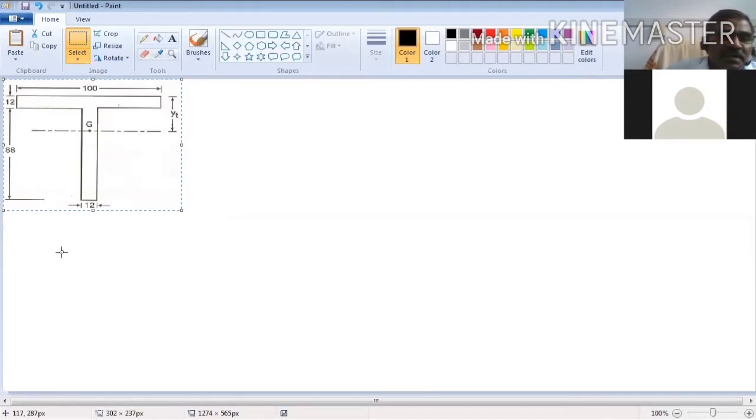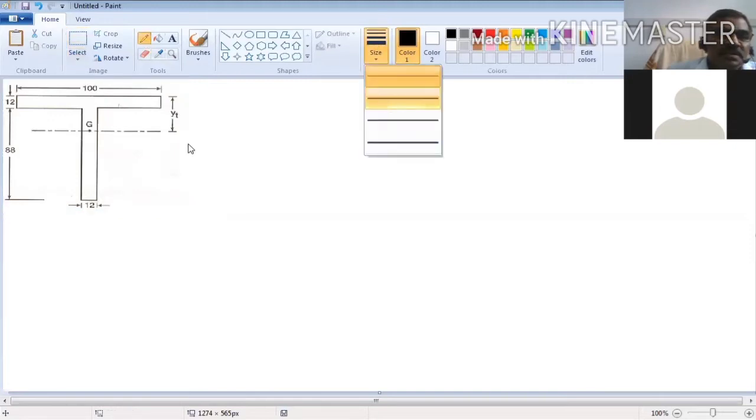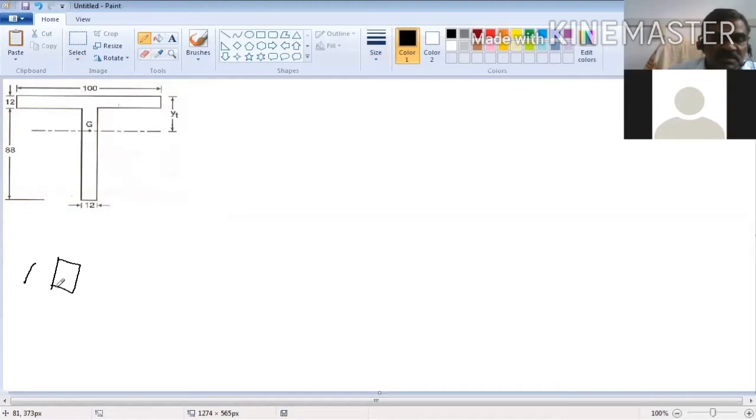If a cross section is rectangular, then what is the equation? You see, this is a rectangular cross section. This is B, this is D. Then I will talk about the neutral axis, the centroidal axis.